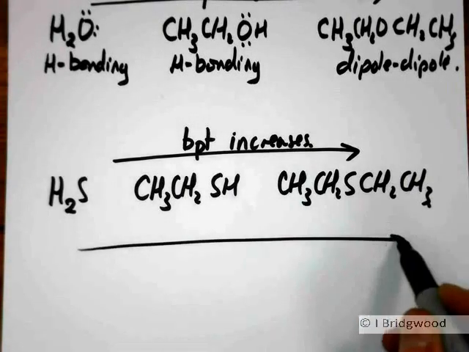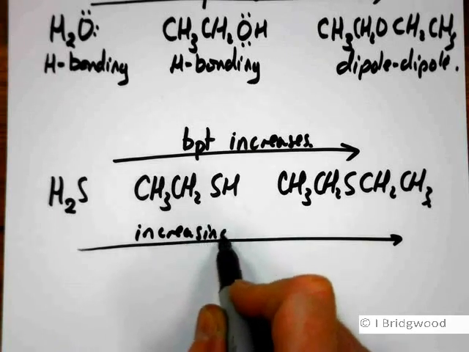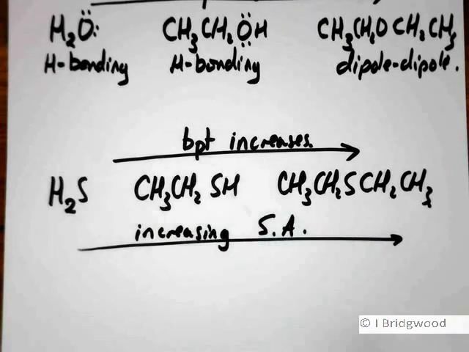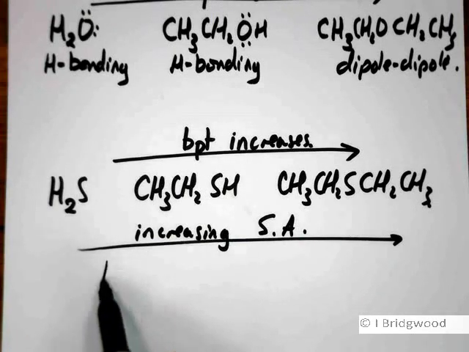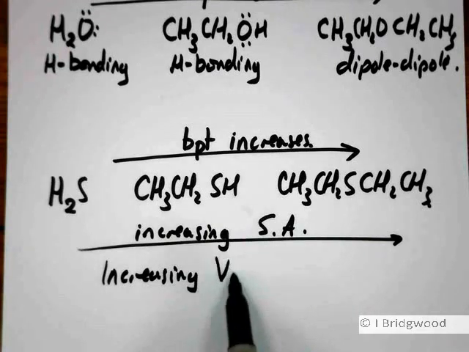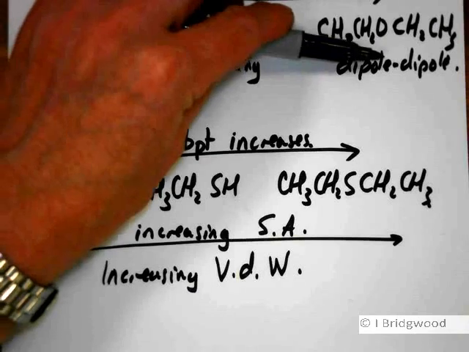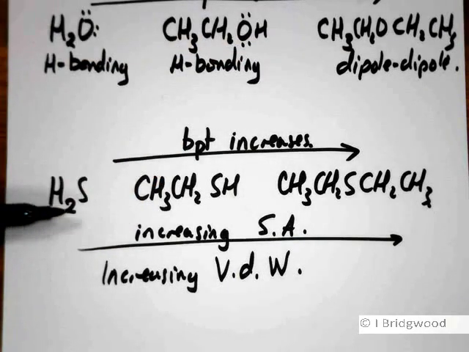So we're increasing the surface area, if you like, of the molecules, and therefore increasing van der Waals forces. Therefore, whereas the intermolecular forces decrease with the oxygen compounds, the intermolecular forces increase with the sulfur compounds.